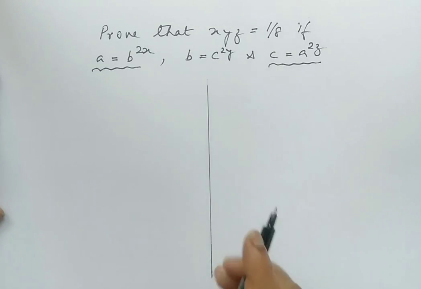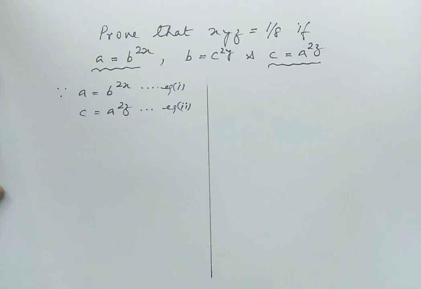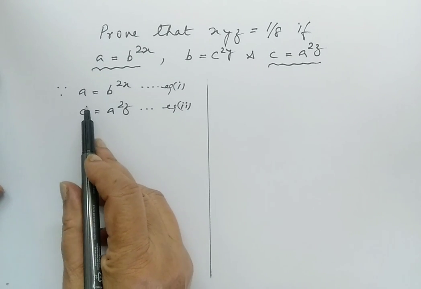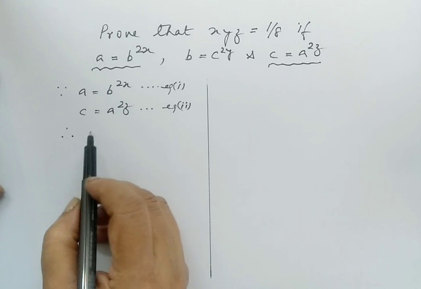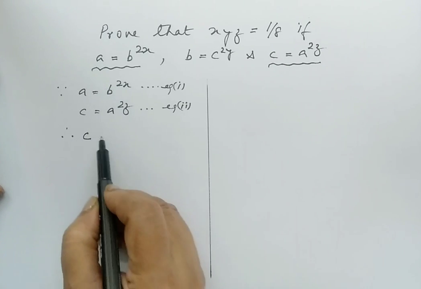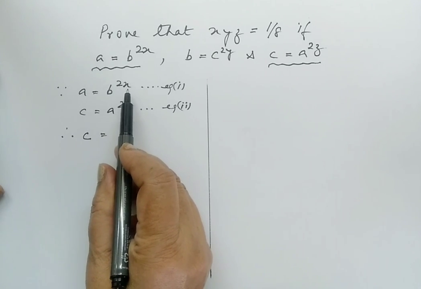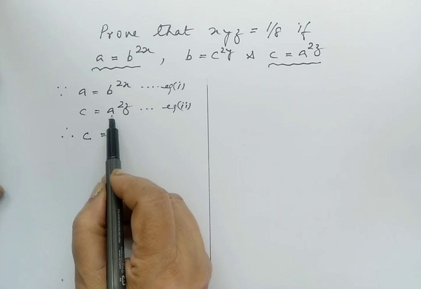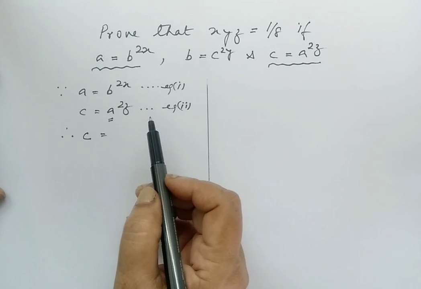So as I have to give the statement, therefore, we can easily write c equals to, a is equal to b to the power 2x. Alright, so can we substitute the value of a here in this equation? We can very well do it.